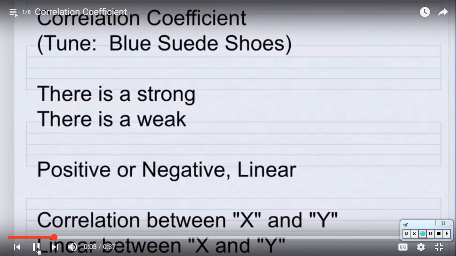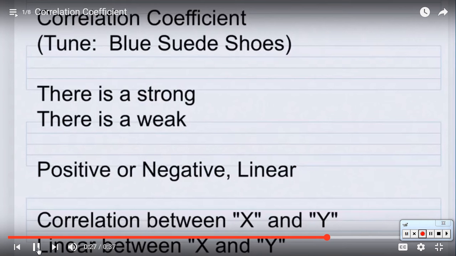There is a strong, there is a weak, positive or negative linear correlation between x and y. Linear between x and y. Okay, you guys sing along. There is a strong, there is a weak, positive or negative linear correlation between x and y. Linear between x and y.